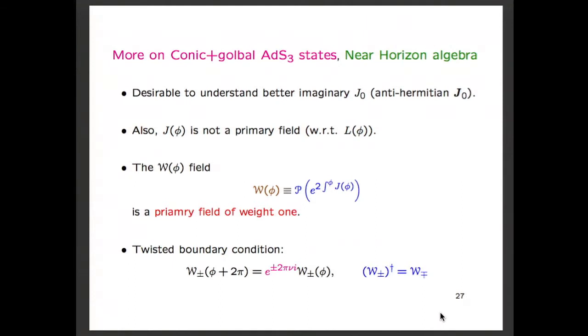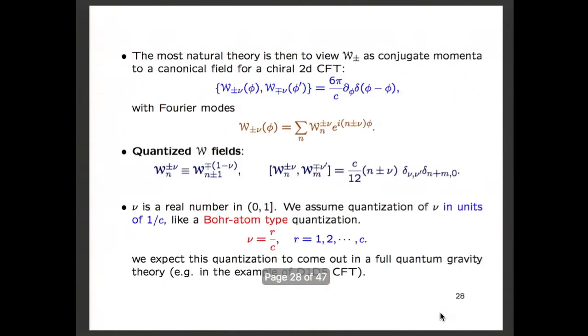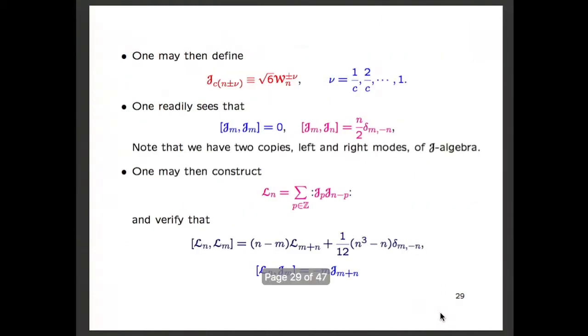Yes. So I justified this because it's a free primary of weight 1, and you can just treat it as the momentum conjugate to some field. And basically the construction I gave here, you can view either written in terms of these J's or written in terms of these W's.